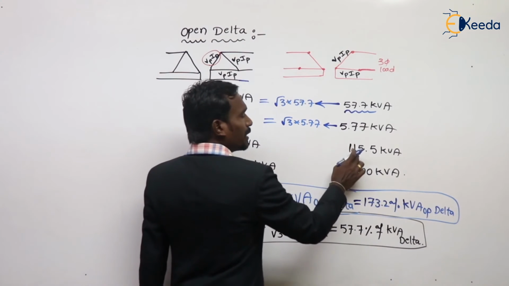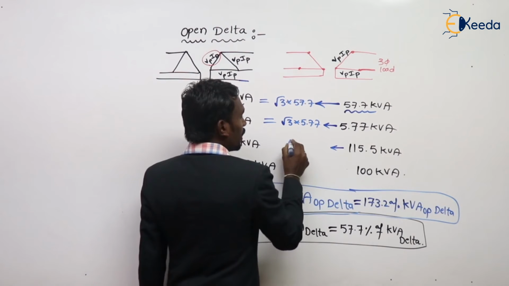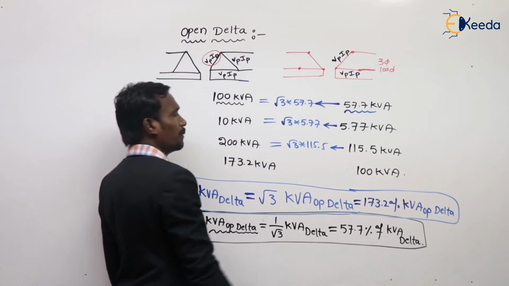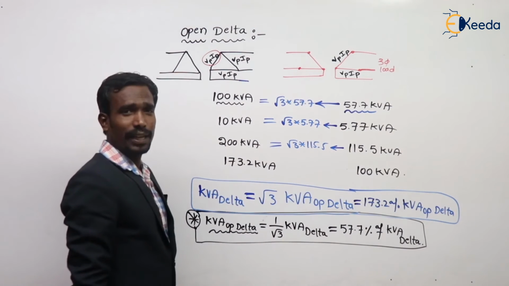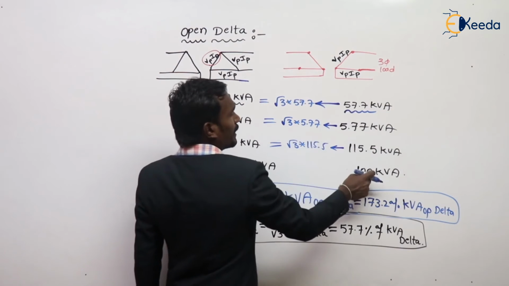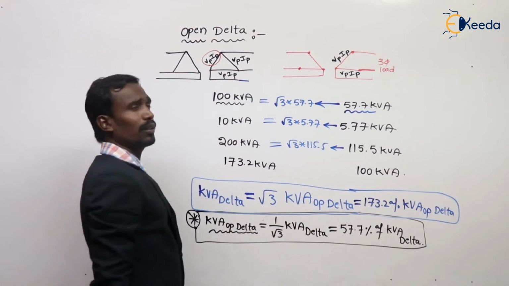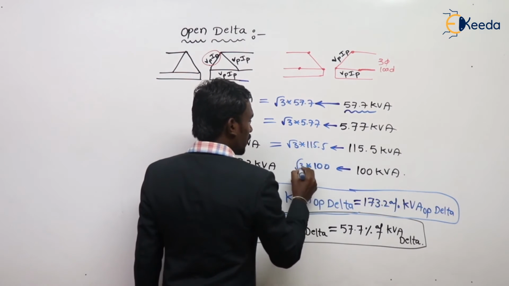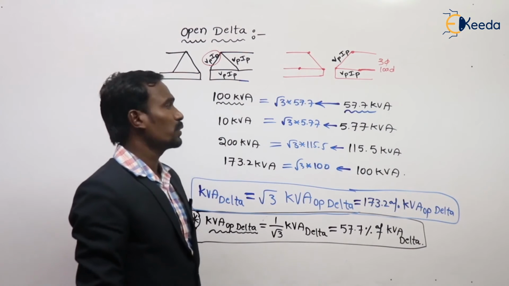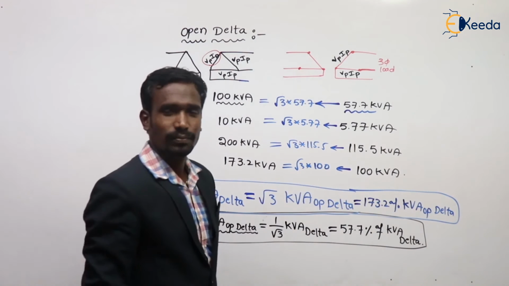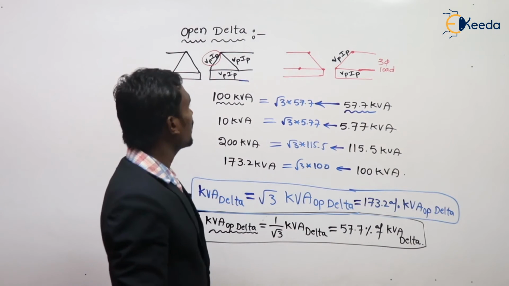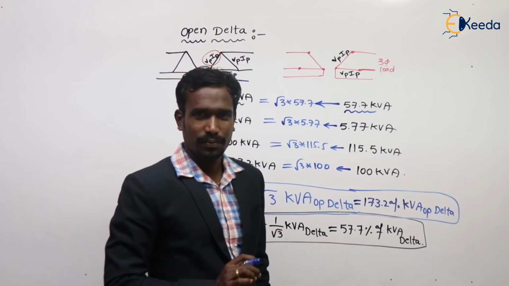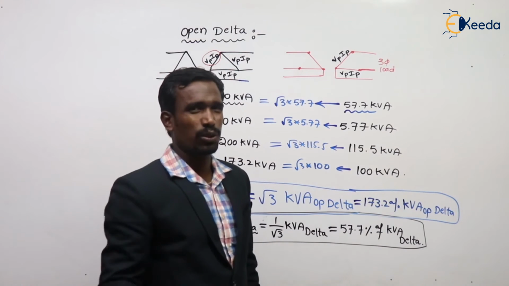If the load shared is 115.5, then the load shared on delta is 115.5 multiplied by root 3, that is 200 kVA. If the load shared on open delta is 100, then what is the load shared on closed delta? That is root 3 times 100, that is 173.2 kVA. Vice versa. This is the delta and open delta configurations, very important. Is it okay? Now, a very small question.